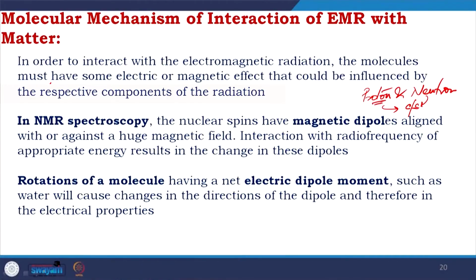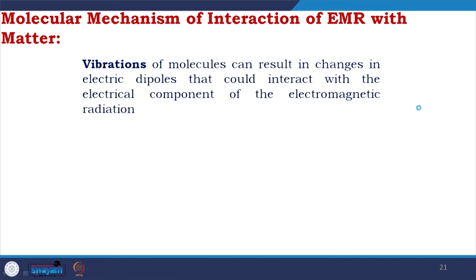Rotation of a molecule having a net electric dipole moment such as water will cause changes in the direction of the dipole and therefore in the electrical properties. Vibration of molecules can result in changes in electric dipole that could interact with the electrical component of the electromagnetic radiation.